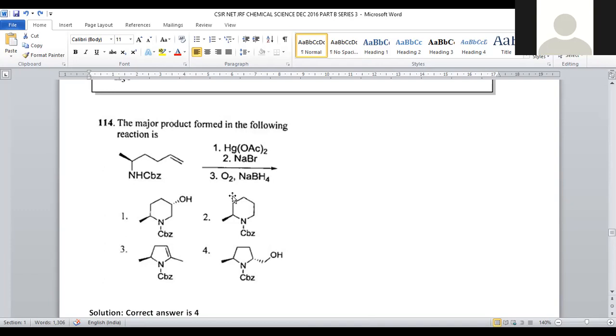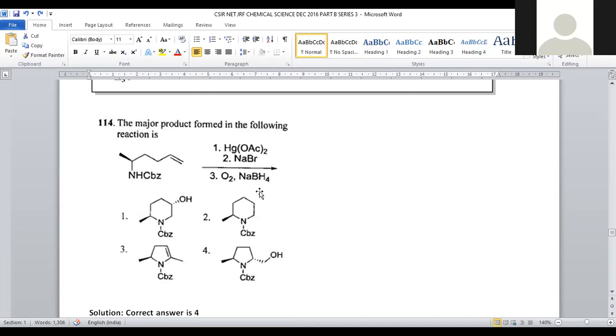Later, molecular oxygen will replace mercury, so that a peroxy linkage will be possible. The peroxy linkage is a very mild, labile bond, so it will be cleaved very easily. Upon cleaving that bond, there is a formation of aldehyde on the terminal center. That aldehyde can be treated with sodium borohydride. Now the aldehyde is turned into primary hydroxy finally. So for question number 114, option number 4 is the final product.